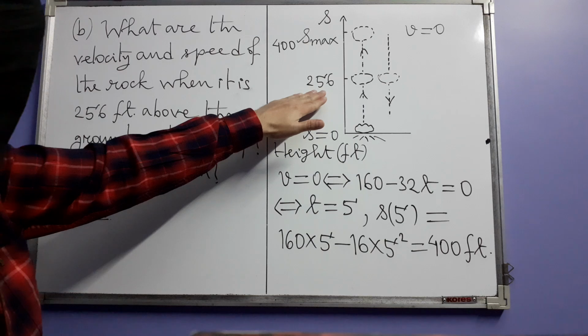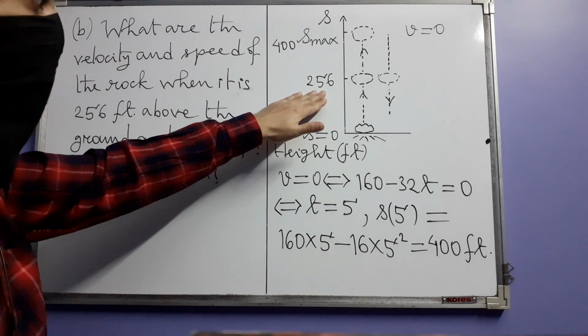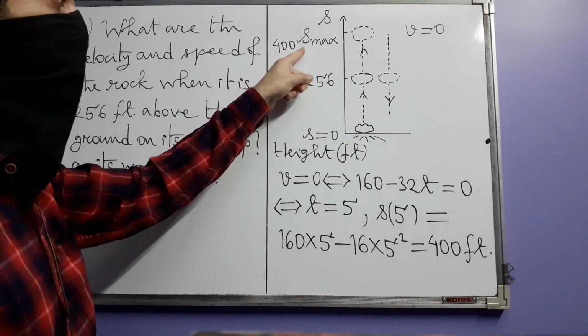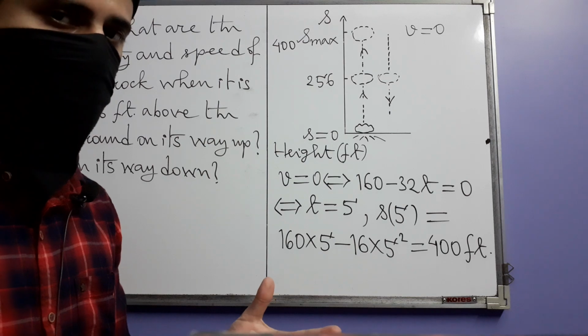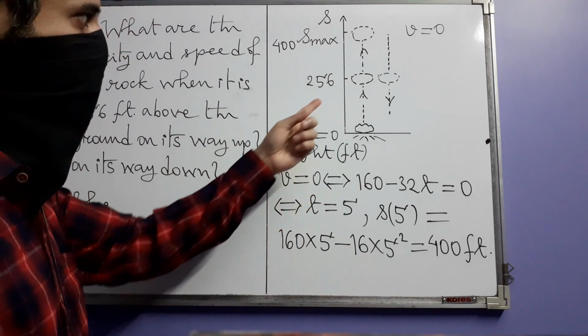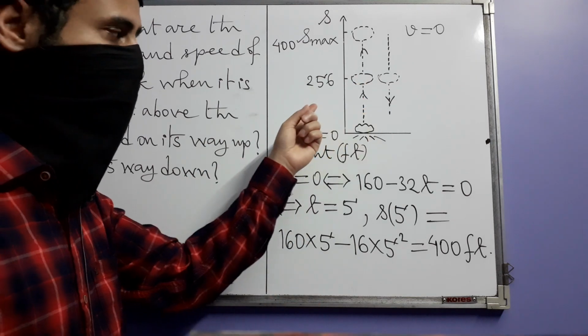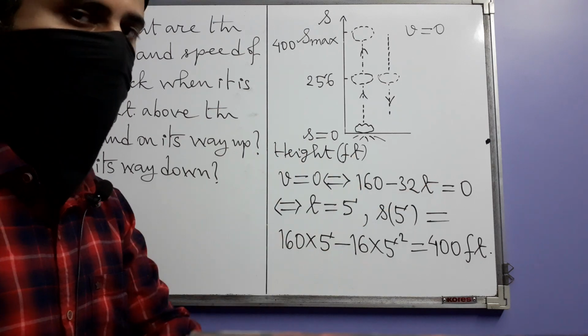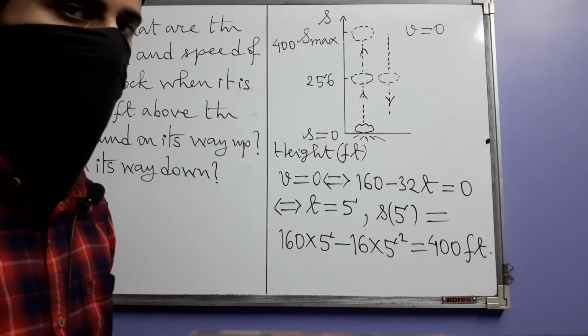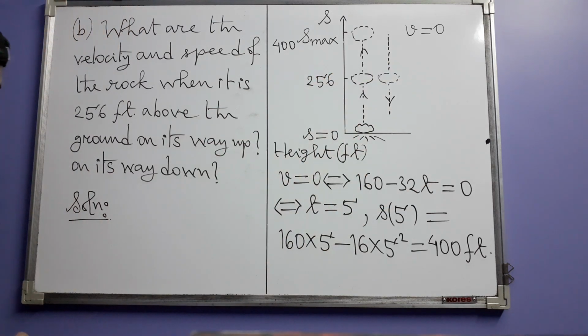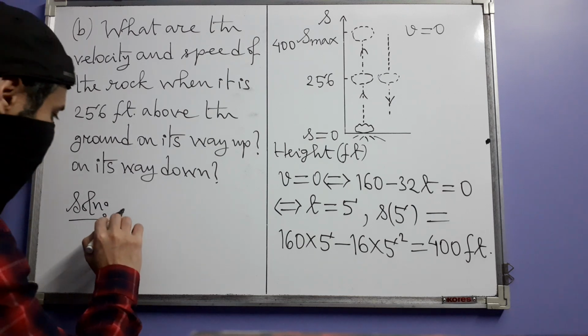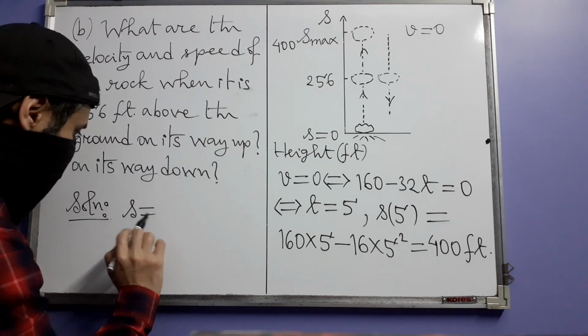Because the height itself is given, we have to use the formula for S to solve for t in order to know the time instants when this height is reached during those two instants during the motion of the rock. That means we have to solve this equation.